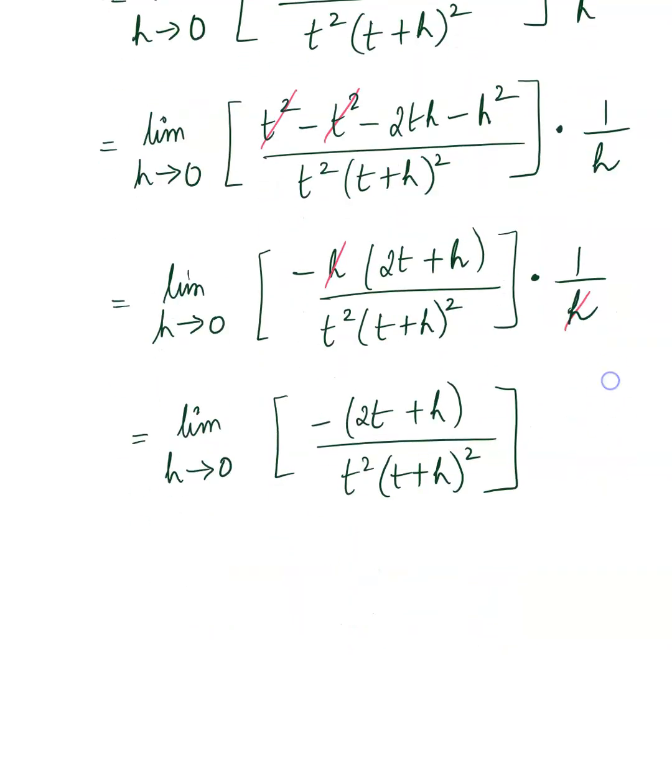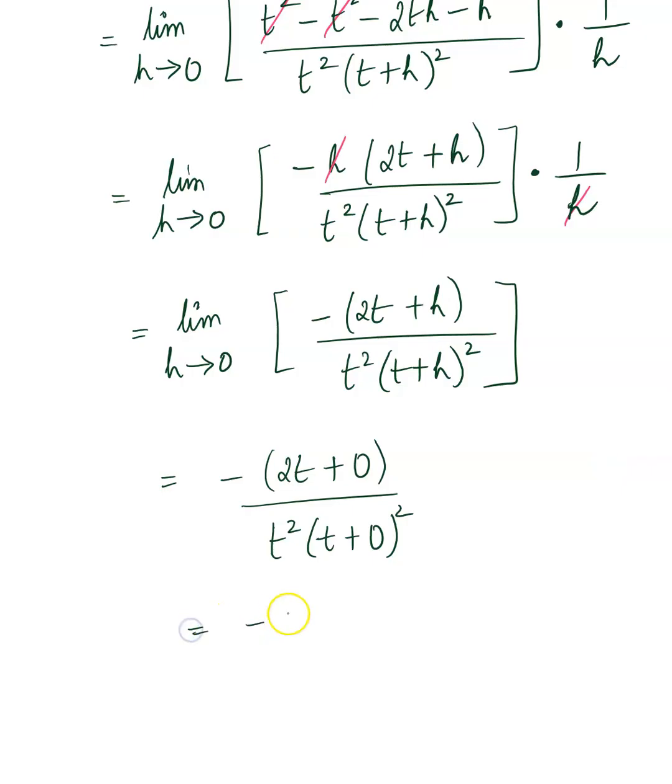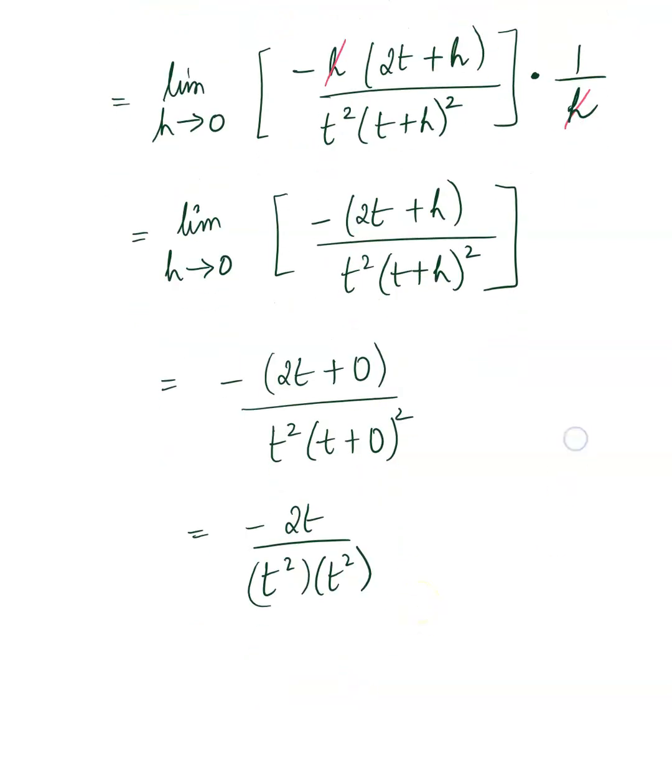So now it's time to substitute for h as 0. That's negative 2 over t squared times t squared. There is a t on the top, so that will cancel one of the t's. And so we are left with negative 2 over t cubed.